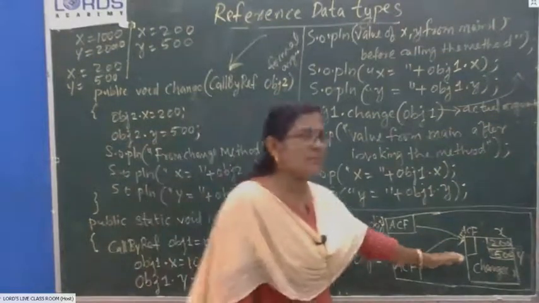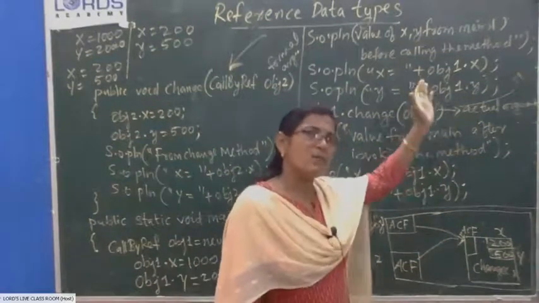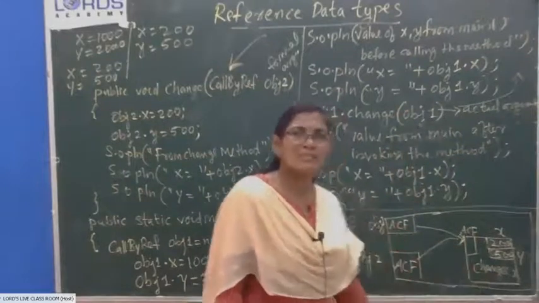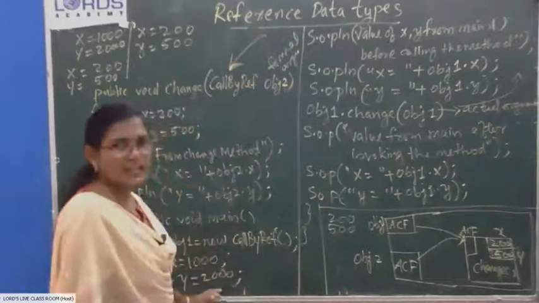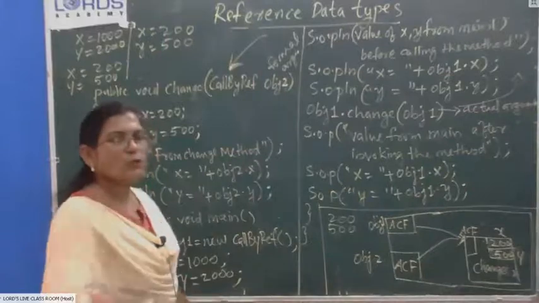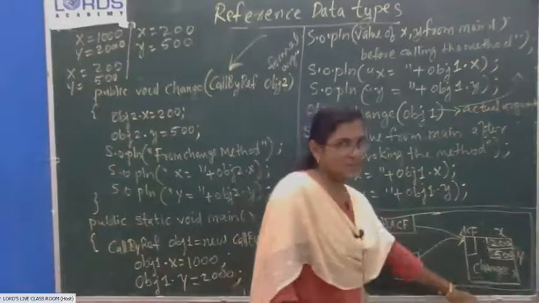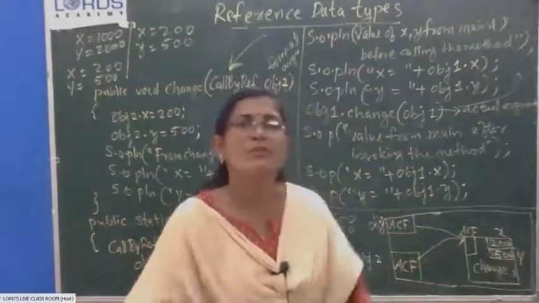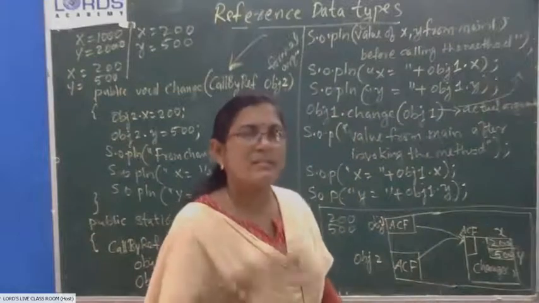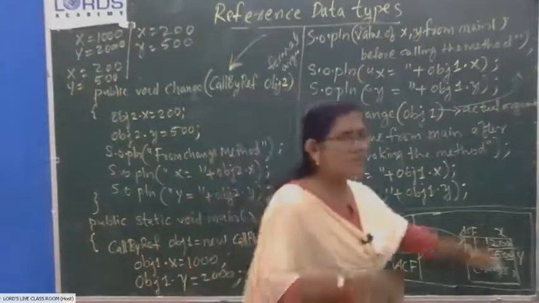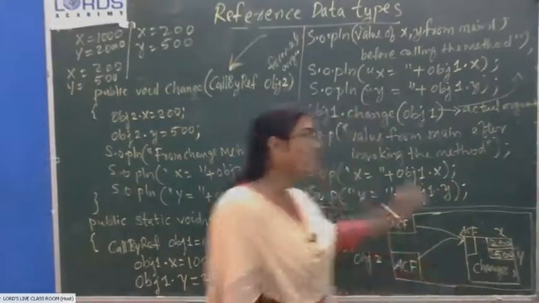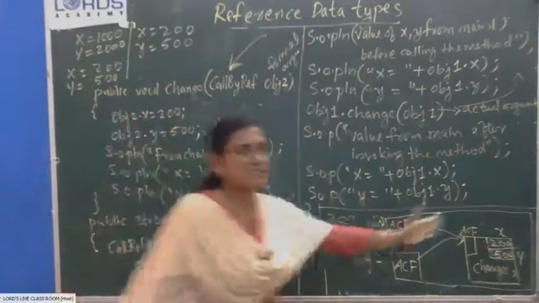An object is there. Its address is given. You go to the same place and make changes. In the main method, we created an object. We want to make some changes in the object. So we are not giving a copy of it to the function. Instead, this is the object created in the memory. You can go there and make some changes.